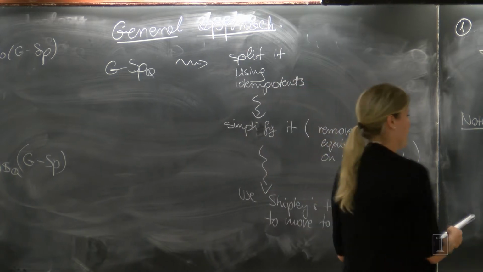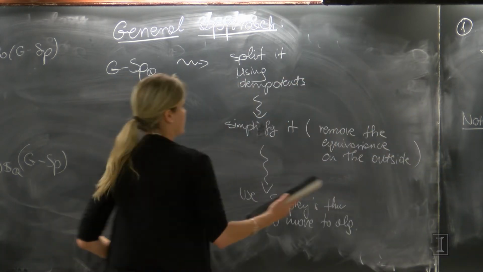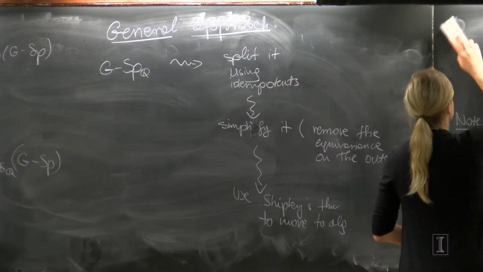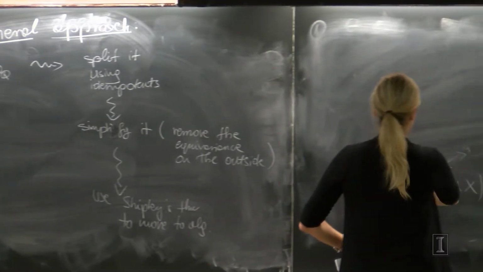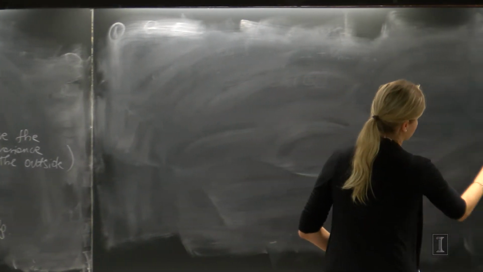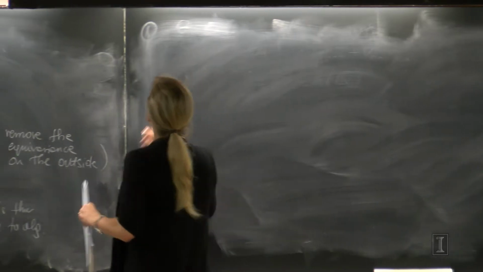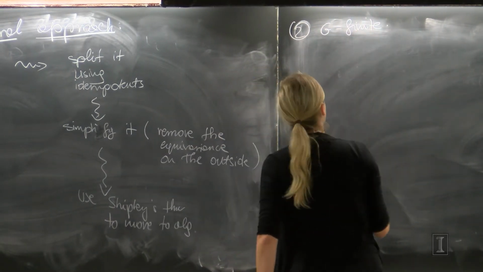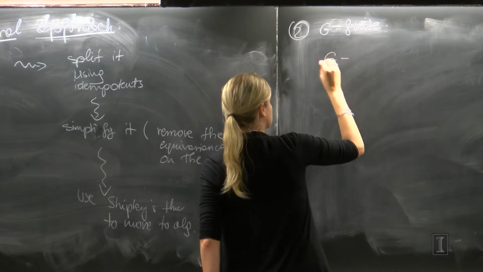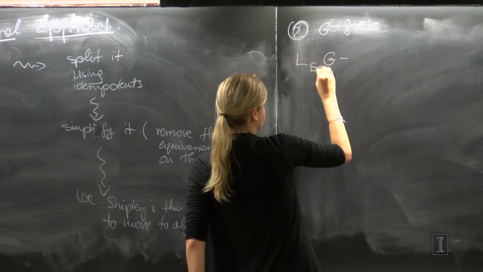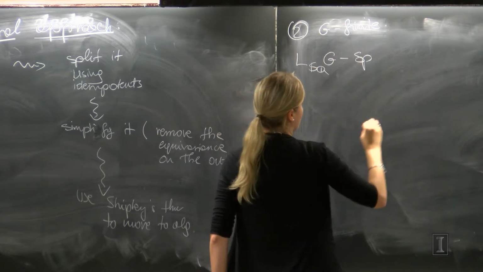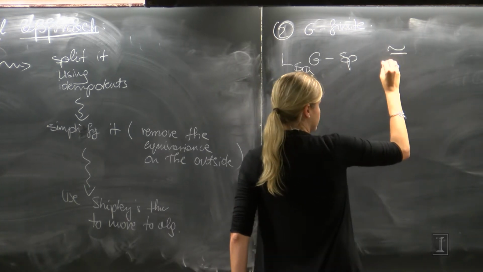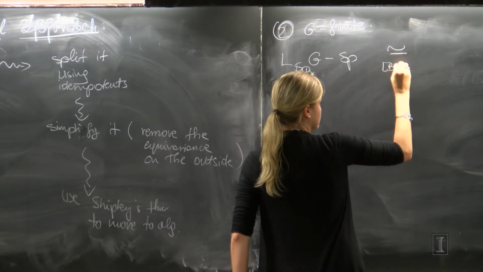So now that we have this approach, let's see what happens when we take any finite G. How do we get an algebraic model? So we start with rational G-spectra. We use the splitting result of Barnes.